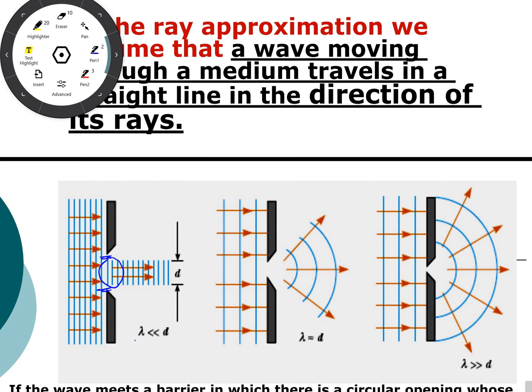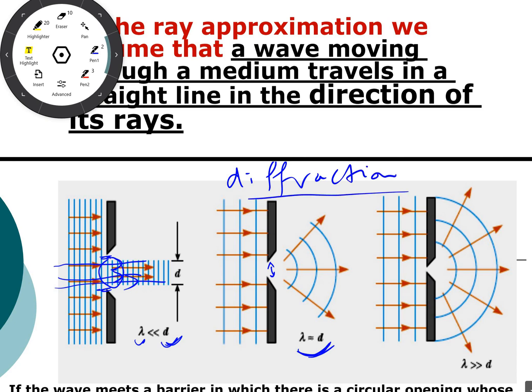If the wavelength of the light is smaller than the dimension of the hole, or smaller than this opening, in this case, the light will continue in straight lines. But if the wavelength is comparable to the width of this opening or this hole, we will have a new phenomenon called light diffraction.